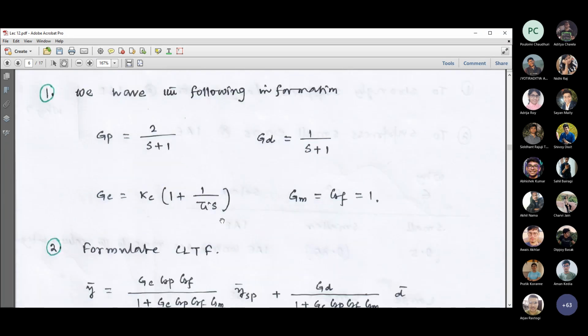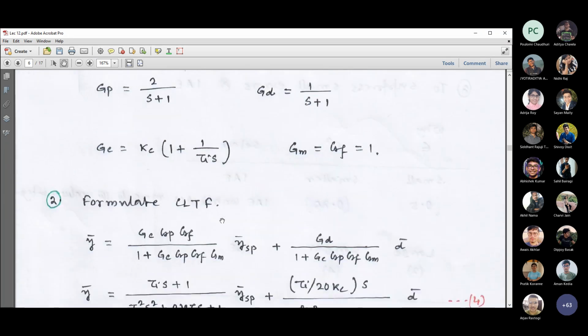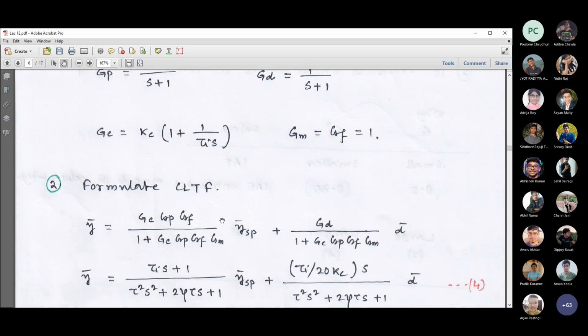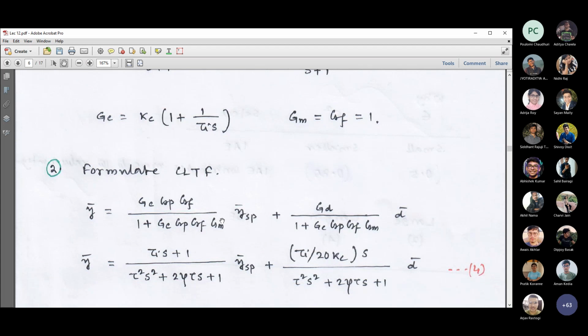A couple of minutes back, I have shown this. In fact, I asked you what is the CLTF for this process. This is the closed loop transfer function. The first equation is the standard CLTF form. And if we substitute all individual transfer functions, we get equation 4.